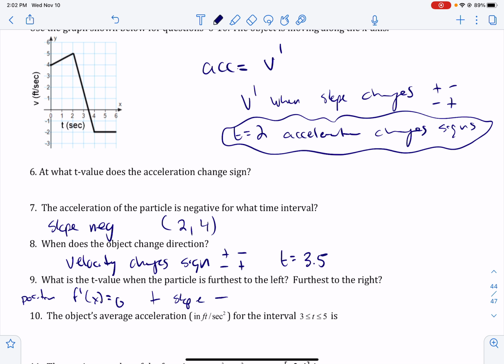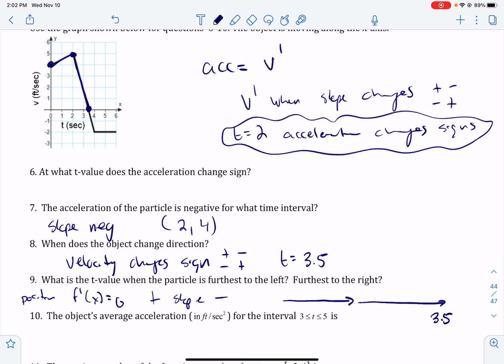So if I look at my velocity graph, when I start right here, I'm positive. My velocity is positive, so that means I'm moving to the right. And then when I get to 2, I'm still positive. In fact, I'm still moving to the right all the way until I get to a velocity of 0, which is at 3.5.